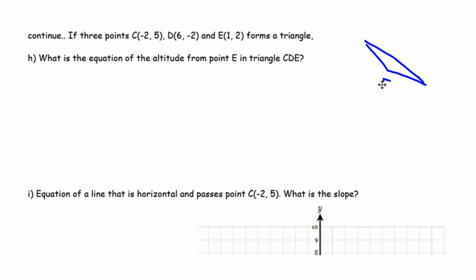So this is E, this is C, this is D. And again, it asks you to draw the altitude from point E. So the altitude will be from point E, perpendicular.